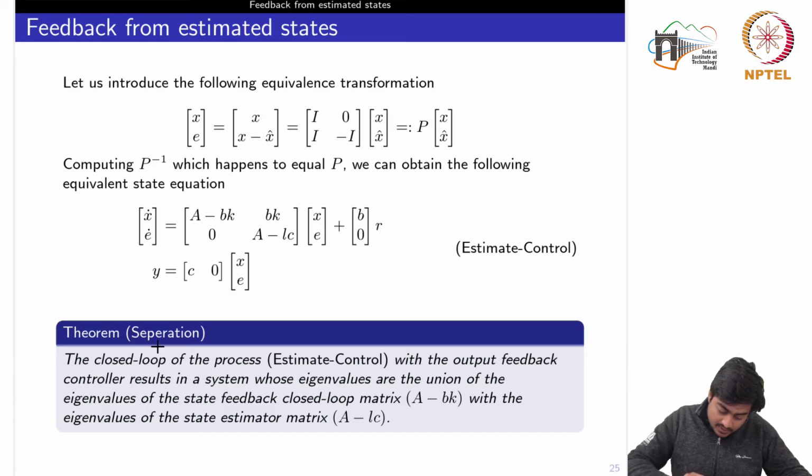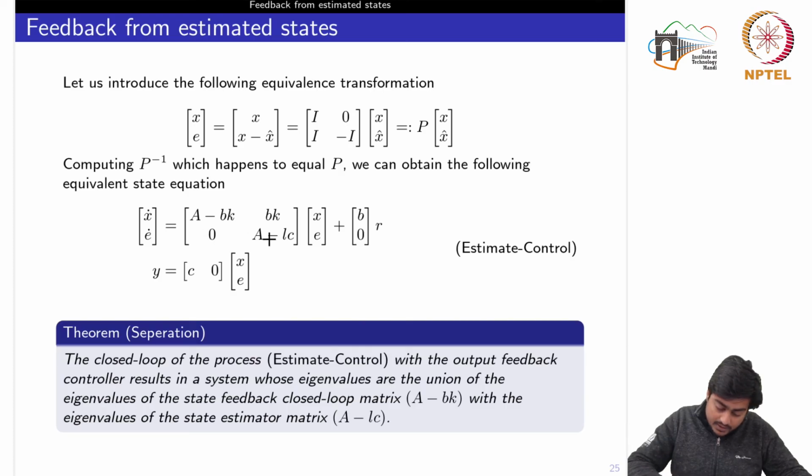So this is the next result: the closed loop of the process, basically, which is this estimator plus controller system with the output feedback controller, results in a system whose eigenvalues are the union of the eigenvalues of the state feedback closed loop matrix A minus BK with the eigenvalues of the state matrix A minus LC.